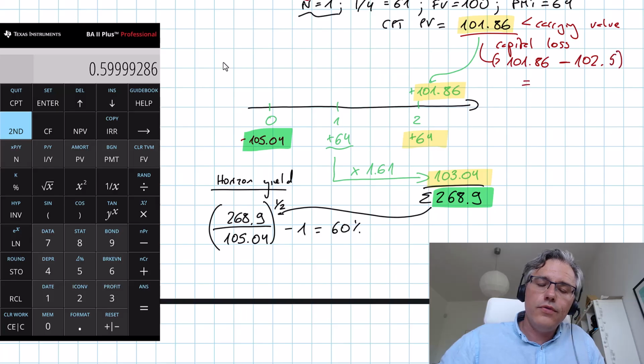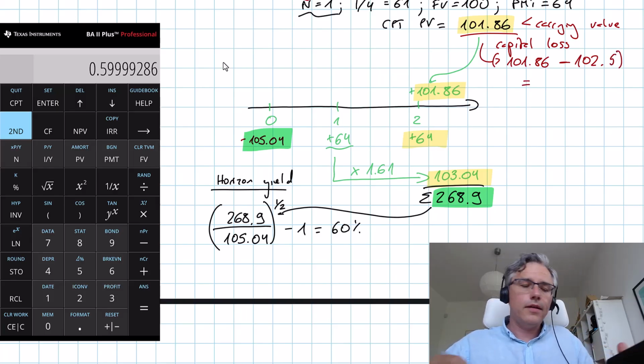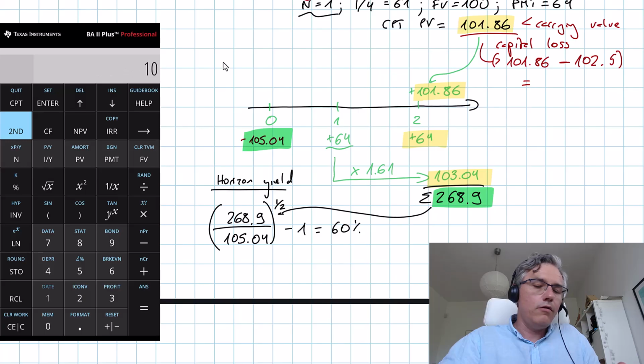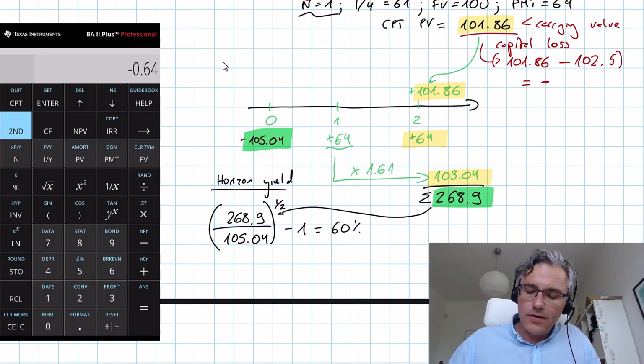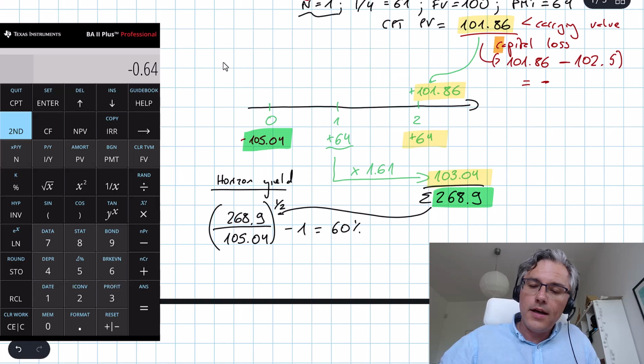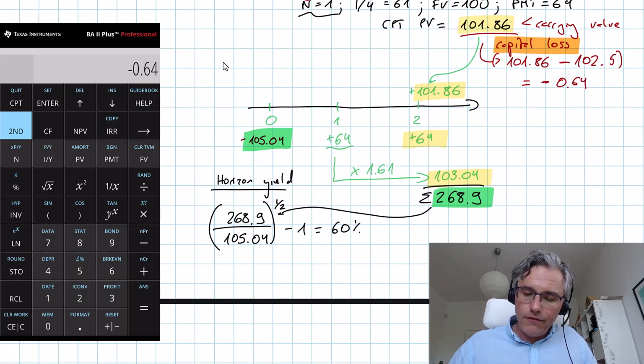102.5. Let's compute that difference. 101.86 minus 102.5. Okay, that's a negative difference because it is, after all, a capital loss of 0.64. However, look at this.